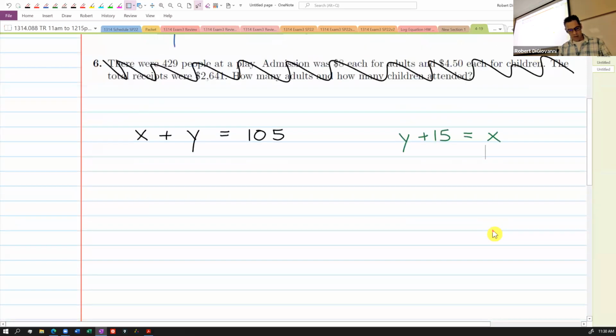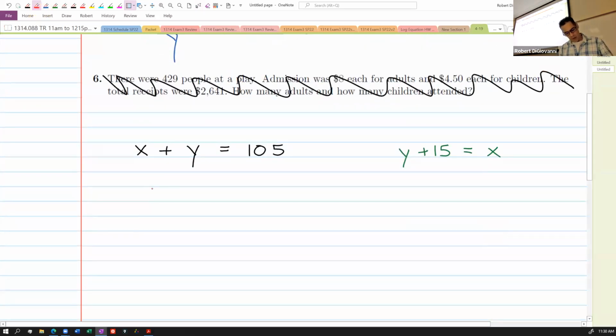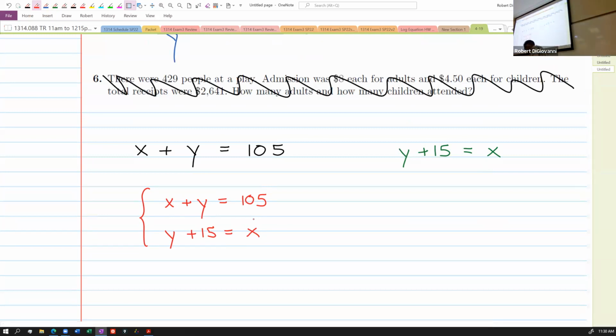All right, let's create the system. I'm going to write the first equation, X plus Y is 105. And the other one is Y plus 15 equals X. Now we have an issue. If we're going to use elimination, the key is that when you start the problem, your x's have to be lined up, your y's have to be lined up, and then you have to have a number over here, right?